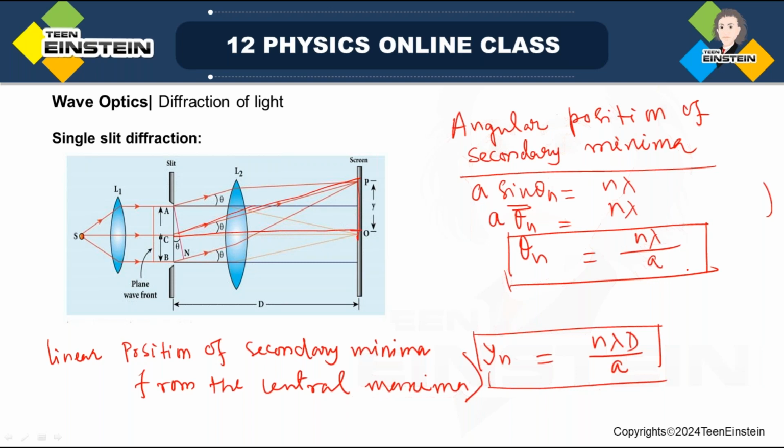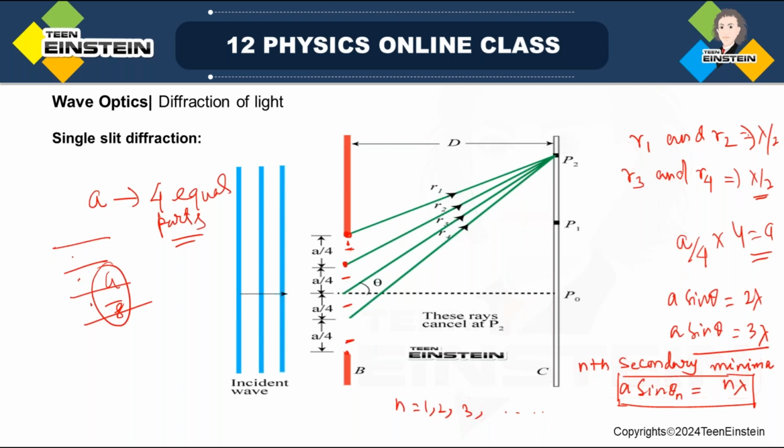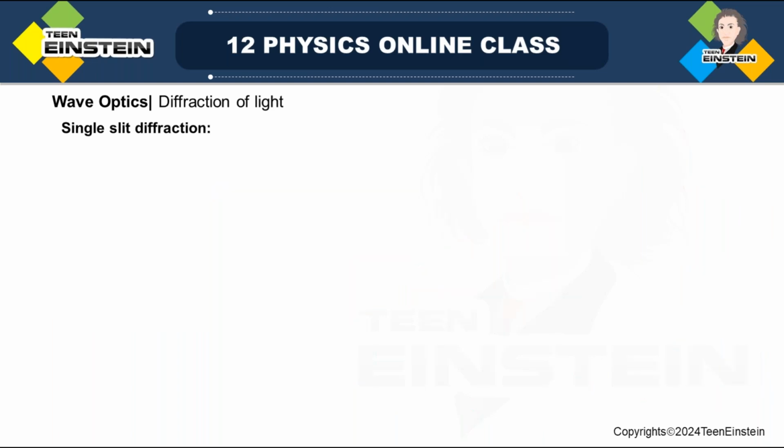All right. Let us now see how to find the position for the bright position, the secondary maxima.